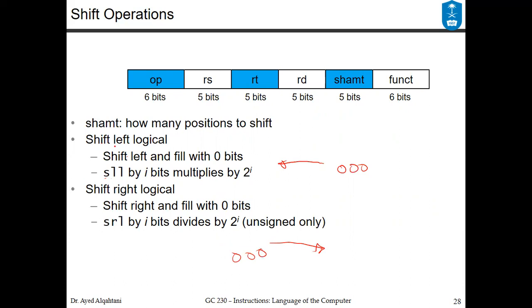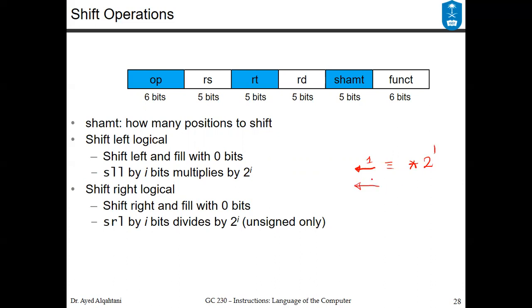It's really important to know that when you shift to the left, you multiply by 2 to the power of i. So if you shift to the left by 1 bit, this means that you multiply by 2 to the power of 1. Let me rewrite it here. Shifting to the left by 1 bit is equivalent to multiplying by 2 to the power of 1.